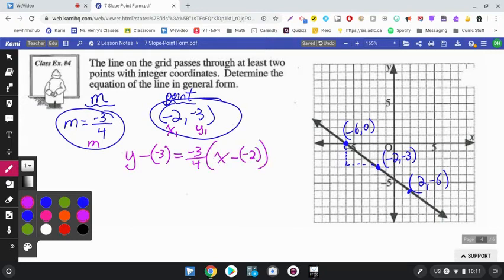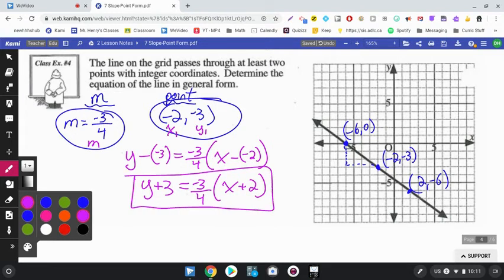X value is also negative. So maybe I don't show this step, but y minus negative 3 is just y plus 3. Negative 3/4, x minus your x value, it's actually x plus 2 because it's subtract a negative. If I just asked you for the equation of the line, you would stop here.